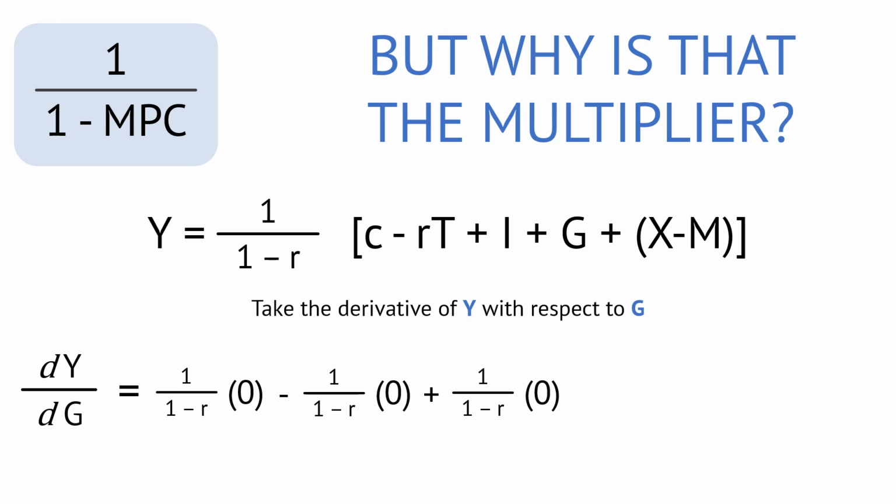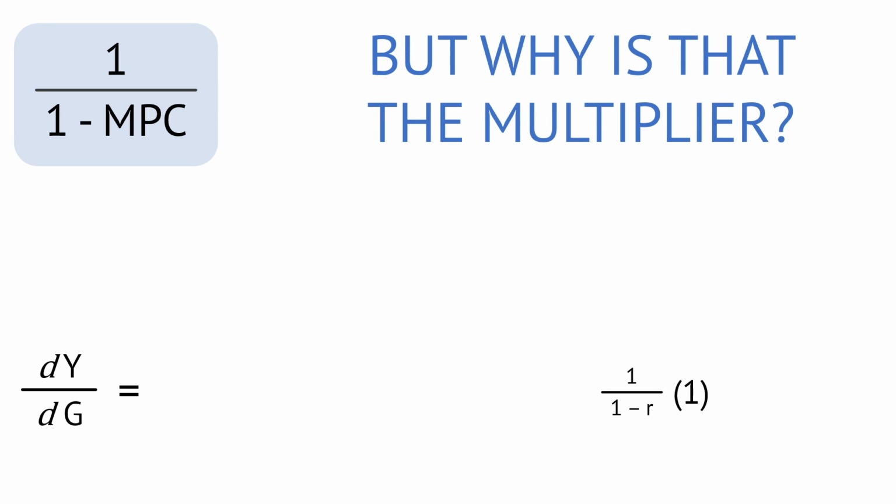But when we take the derivative with respect to g, once we hit the g on the right side, that leaves us with a 1, right? And that'll be important later. And then we got a 0 again from our net exports, x minus m. All those zeros disappear, and that just leaves us with this: d of y over d of g equals 1 over 1 minus r times 1.